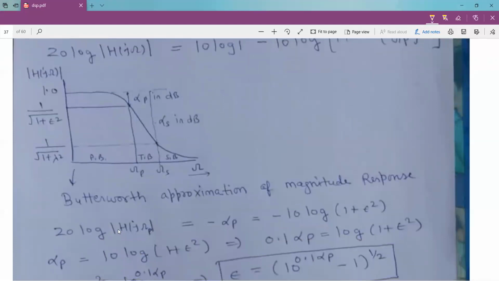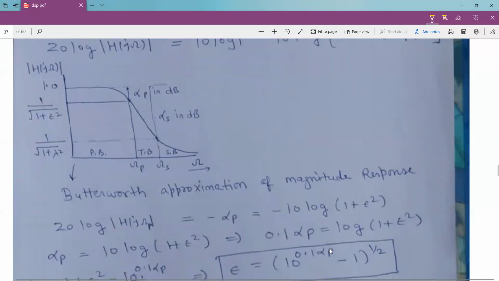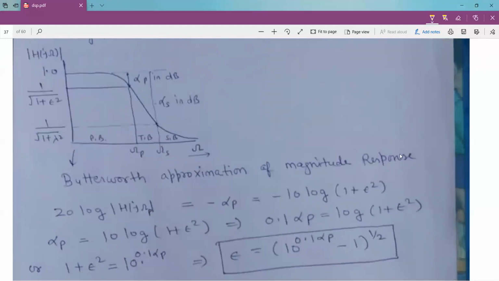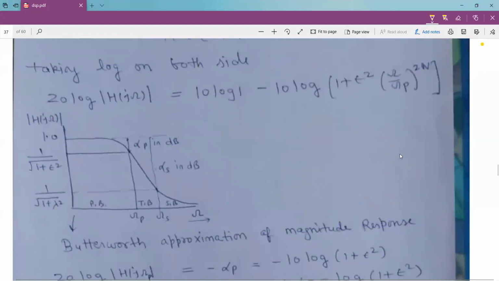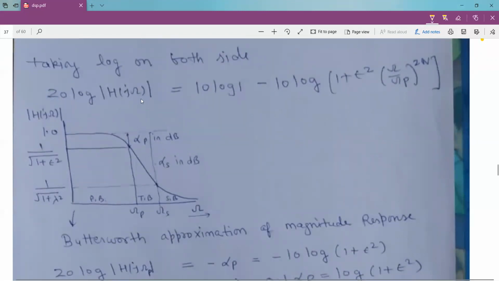And finally, we get a relationship between epsilon and alpha p, that is the passband attenuation expressed in dB. So how do you get this expression? When you see this equation, and you put the value of the magnitude response at omega p, the value on the dB scale is alpha p.